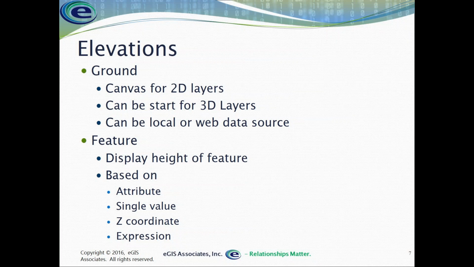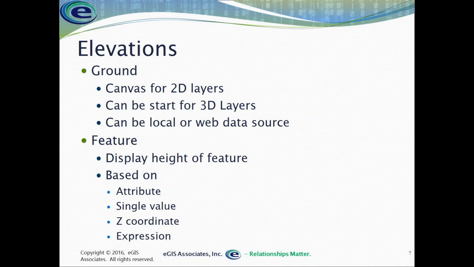A lot of times if you go out and survey data using survey grade GPS, it'll collect a Z coordinate. So you could use that. Or do you want to build some expression? Just like if you've used the field calculator in ArcMap, right, you can use similar types of expressions in here to extrude data.